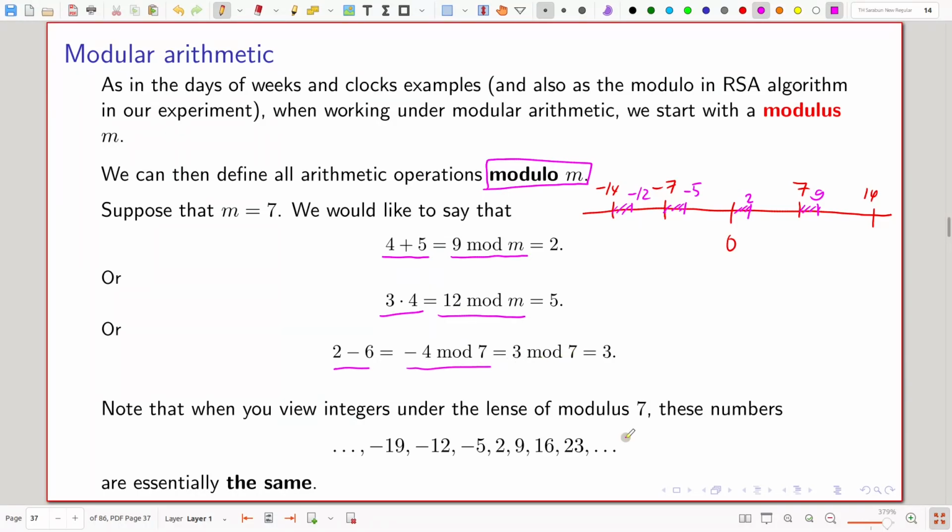That's it. Do you notice that there's one operation that I have left out? Plus, minus, times, what else? Division. I'll come back to division soon because division will be something more interesting.